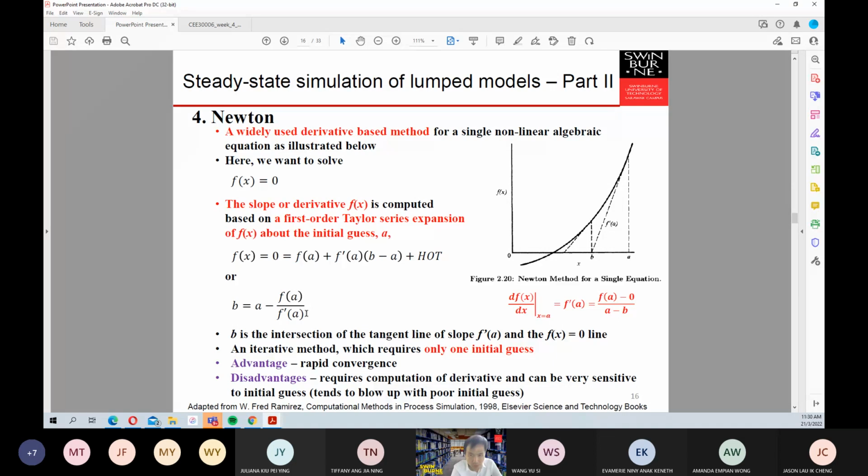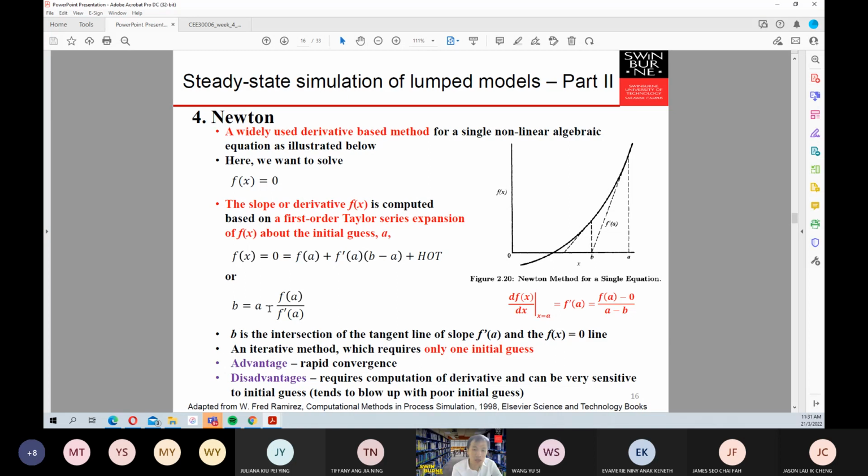If you look at it graphically, how do you get b? You take the value of a, calculate the function value at a, and then calculate the slope of that function at a.